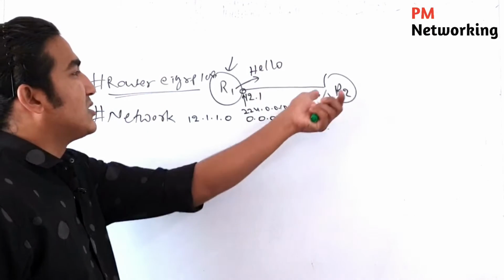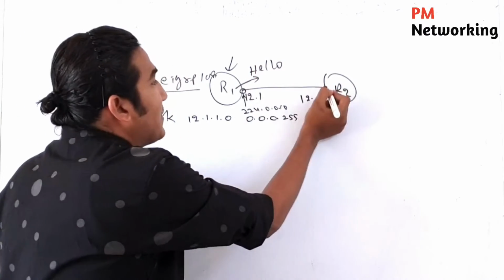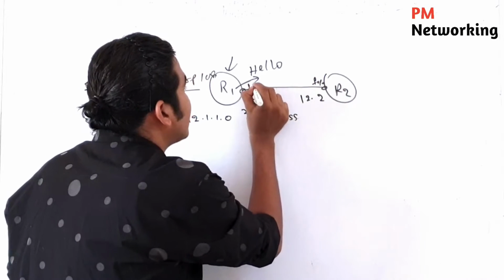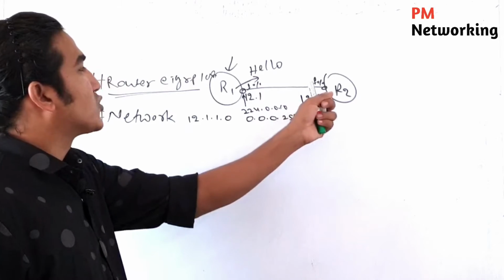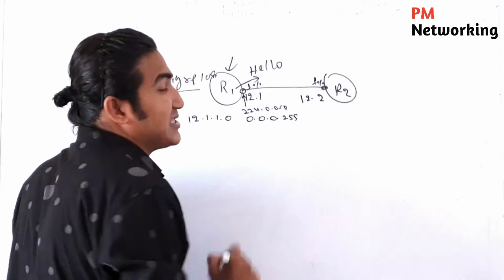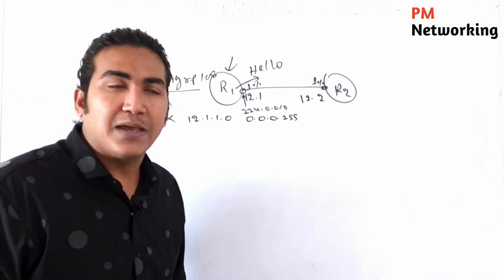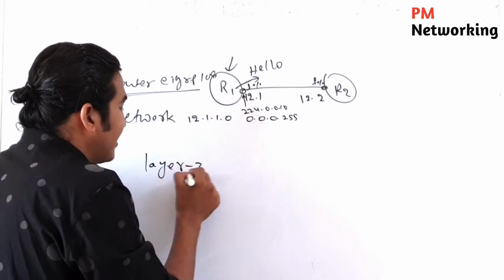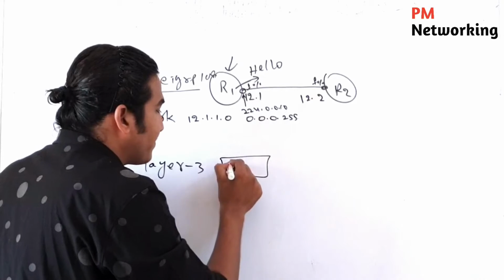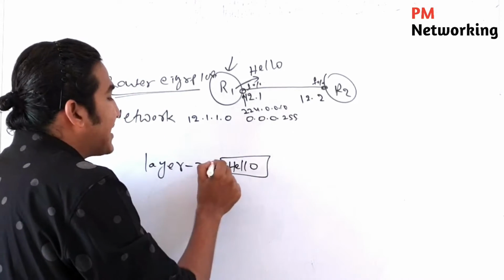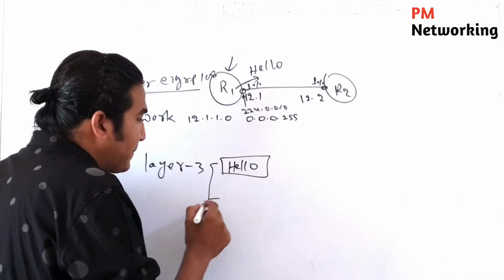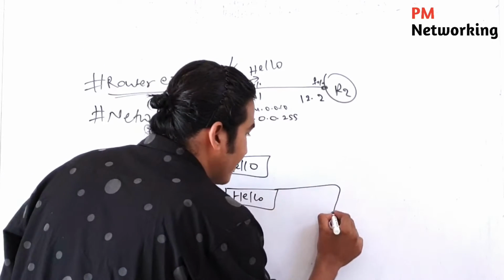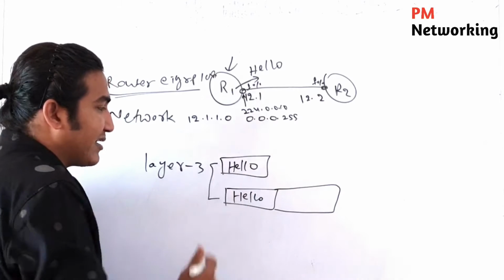Hello. But when this router receives this hello message on this interface, right, on FastEthernet 0/0, suppose this is FastEthernet 0/0, this is FastEthernet 0/0. So when this router receives this hello message on this interface, it will check the destination IP. So in the hello message, at layer 3, EIGRP will generate the hello message, right? After that, at layer 3, it will hand over to the IP protocol, and the IP protocol will add the IP header with the actual data, right?